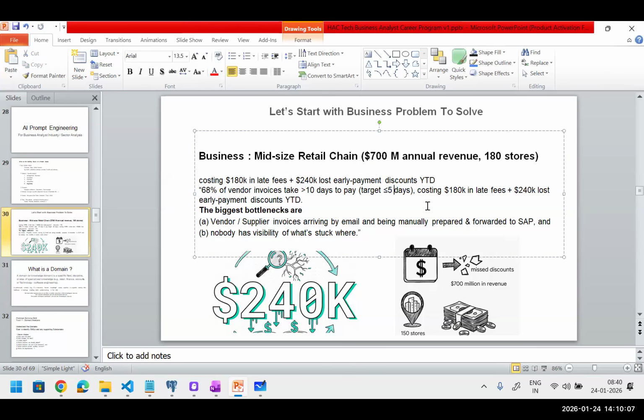The strategic goal is that every vendor gets paid, after terms and conditions and the credit period, in less than 5 days.